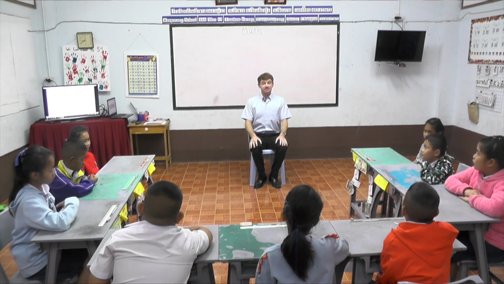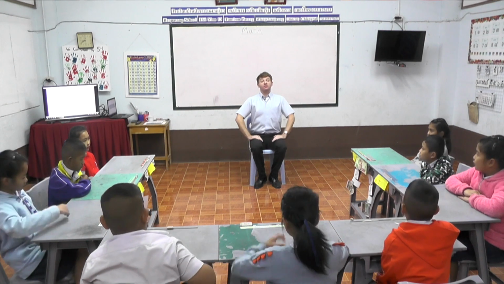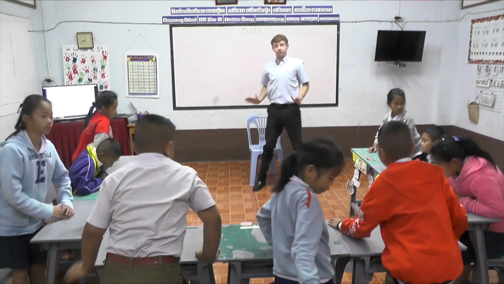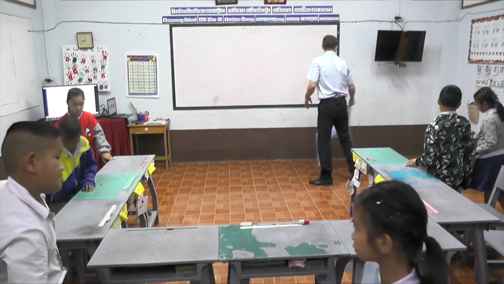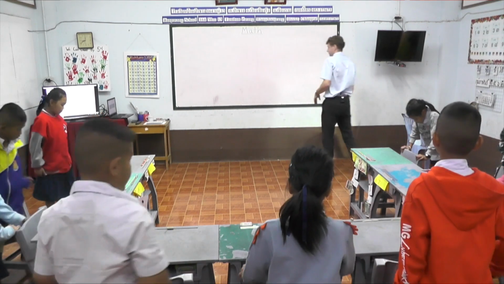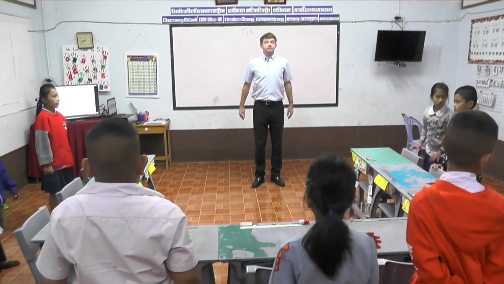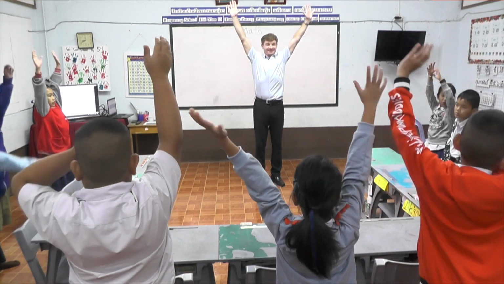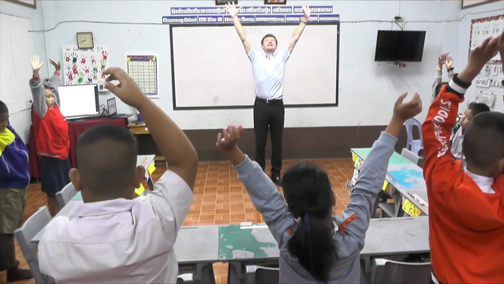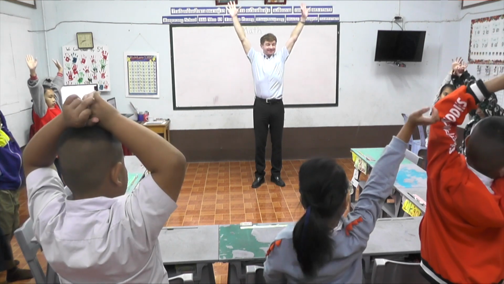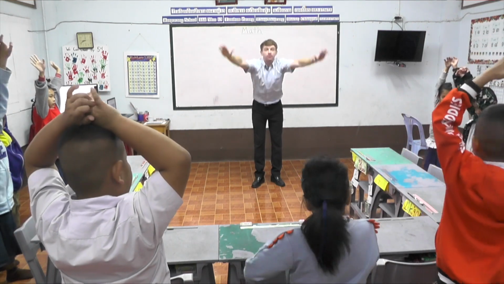Okay? And next we will do our stretching sequence. So let's stand up and push in our chairs. And we'll begin by stretching up high. High to the sky. And then let's go down low.